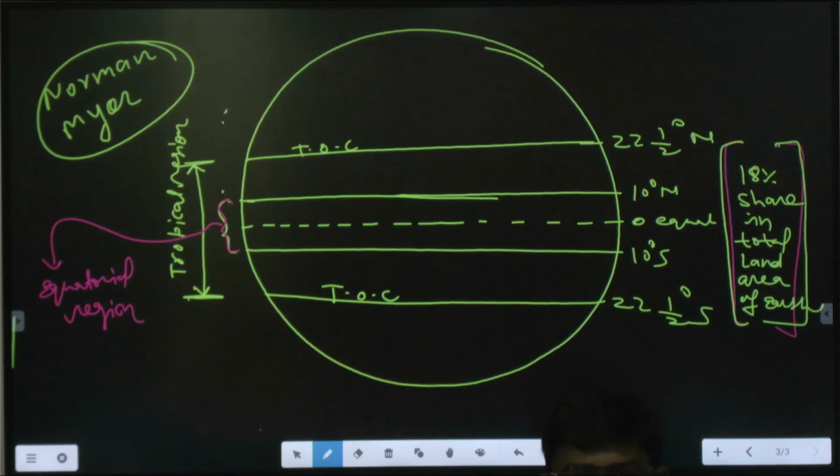We cannot imagine the survival of different types of organisms at a location where the condition of abiotic components is very, very intense. We cannot imagine at all.